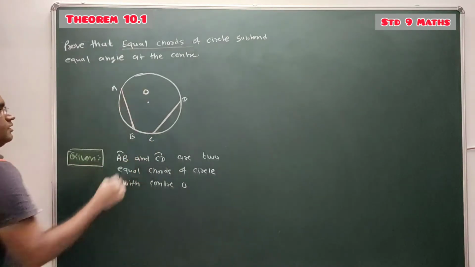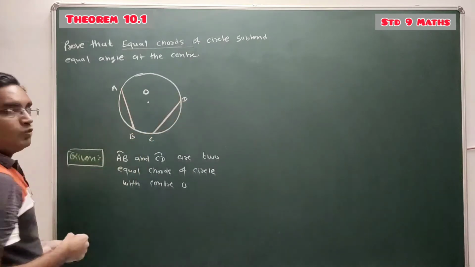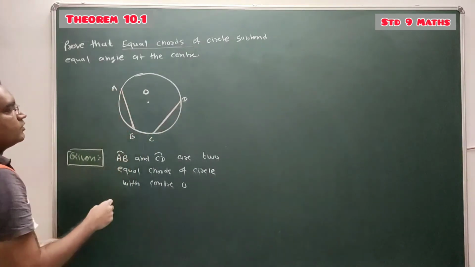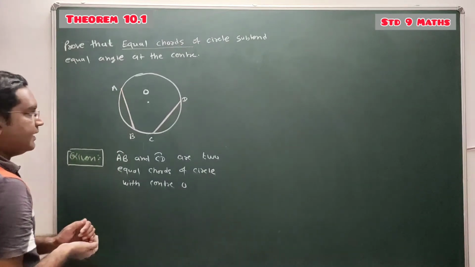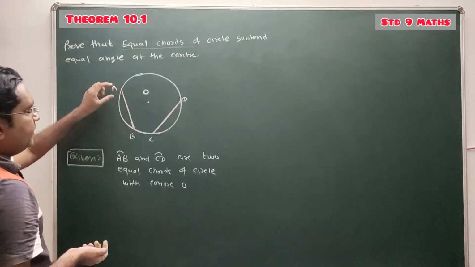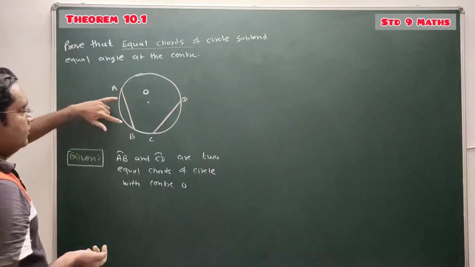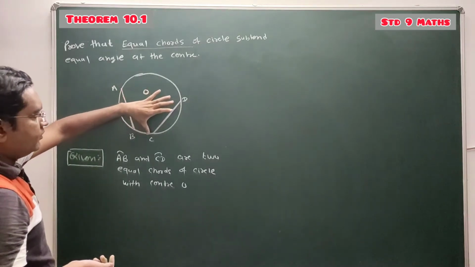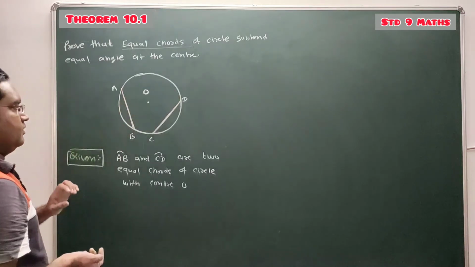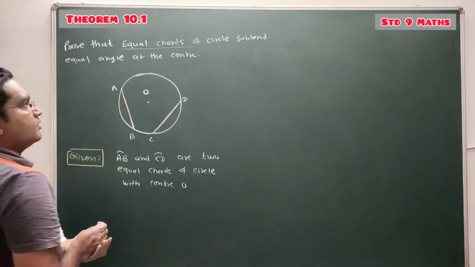For this circle, AB and CD are two equal chords. Equal chords means the lengths of these two chords are equal. What is a chord? A chord is a line segment joining two points on a circle. So this line segment joining point A and point B, and this line segment joining point C and point D, are on the circle. So these two equal chords are given.